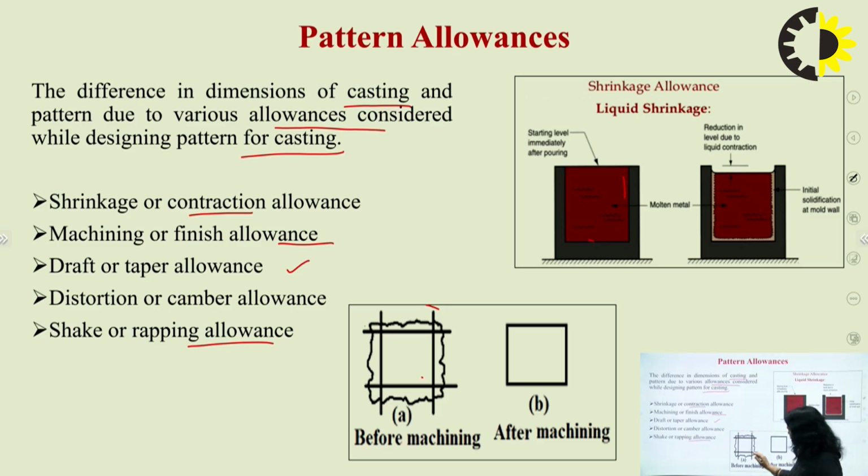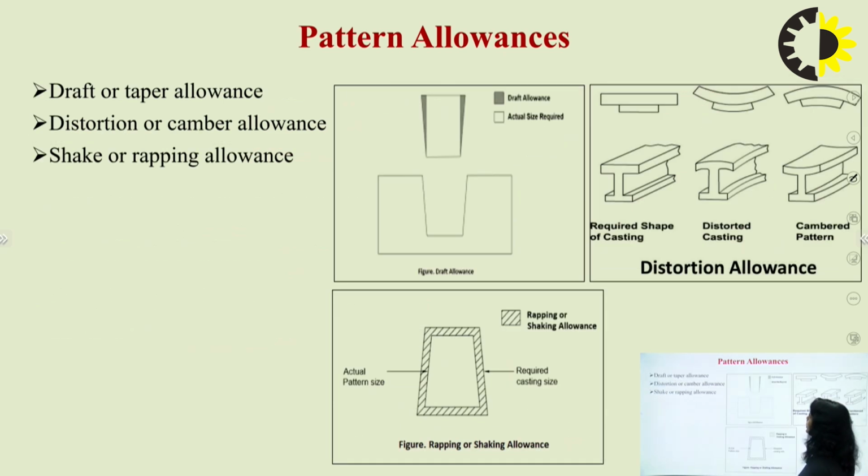It means the size will reduce, so we have to provide an allowance here also for machining. We have to make our pattern larger than the required casting. You can see there is a difference in the dimension before machining and after machining. Clear?